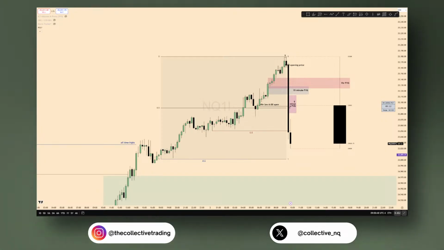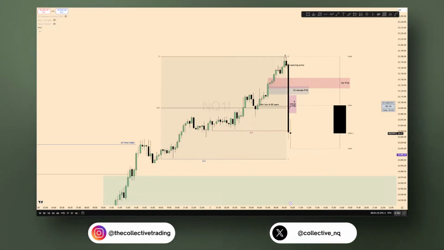YM is manipulating, so we go lower on YM. The only thing I'm seeing is that because YM is weaker on the higher time frame, and it hasn't taken out all time highs yet, the highs that NQ took out yesterday, it might be trying to catch up to those highs. So that's why I had the potential for continuation. But I think on NQ, it'd make sense to see the 4 hour gap from yesterday.